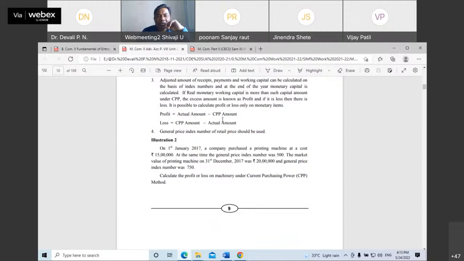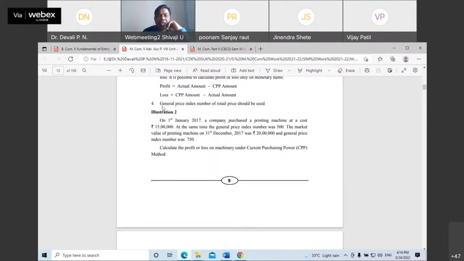So whatever the CPP, current purchasing power amount, that you have calculated, you deduct from the actual amount and you consider that as the profit. If there is a loss, it is reverse. From the current purchasing power amount, you should deduct the actual amount. It means both concepts are vice versa. We should know that only one formula needs to be considered: profit is equal to actual amount minus the CPP amount, and vice versa you get the loss.